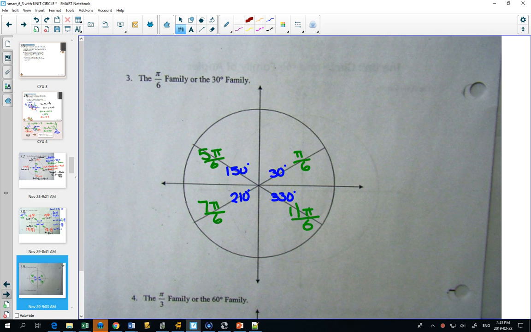How did you do? 5 pi over 6, 7 pi over 6, and 11 pi over 6.